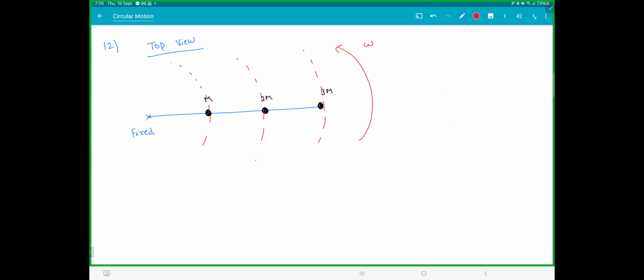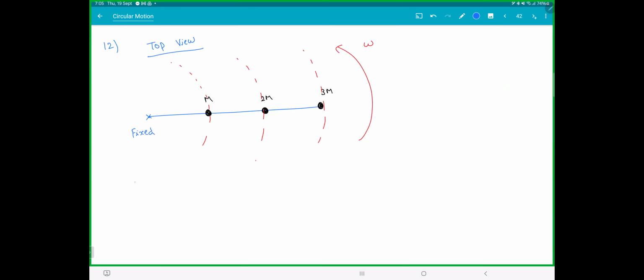Think of it like this. When you have gone to Barbecue Nation, you must have seen that rod with paneer pieces. Able to visualize? That skewer, when they do that, they keep 3 paneer pieces or something. So it's like that. There are 3 pieces. This whole setup is rotating with omega.